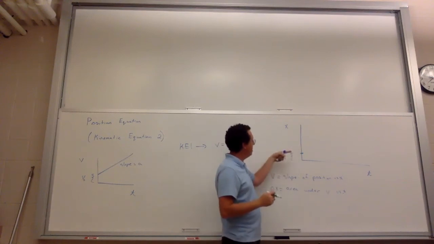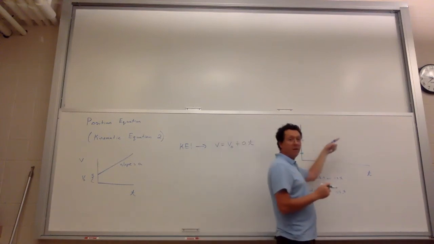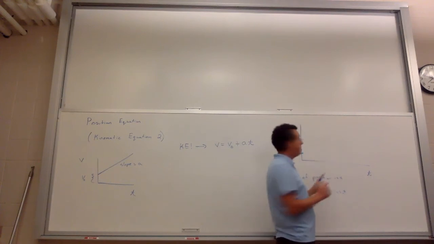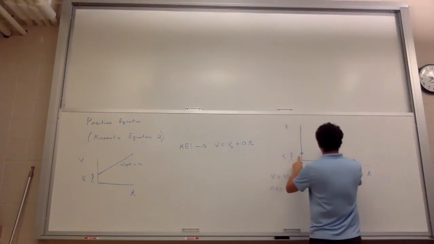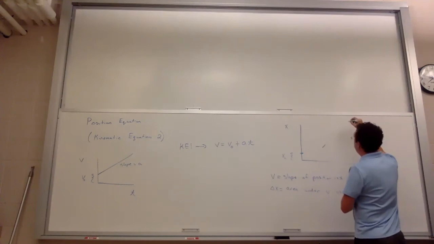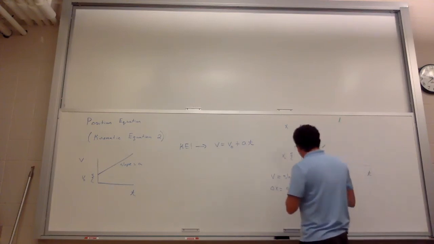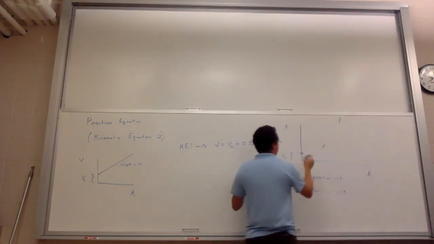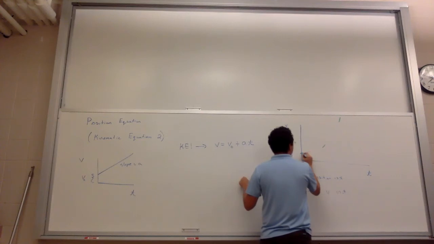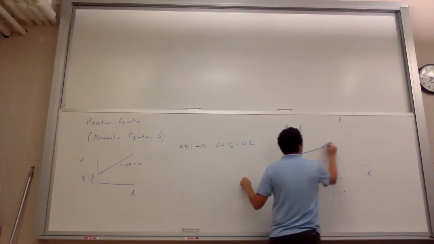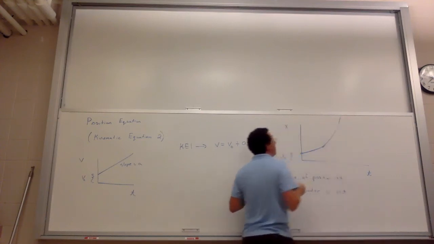Small and positive. And then later on, the velocity would be larger and positive. That means the slope would be larger and positive. So maybe it's like that. And a little bit later on, the slope would be even larger and positive. So maybe it'd be like that. And what we get when we connect up these points is a curve which looks something like that.